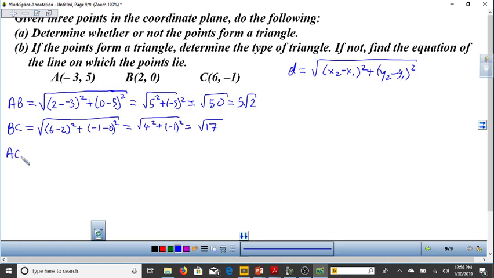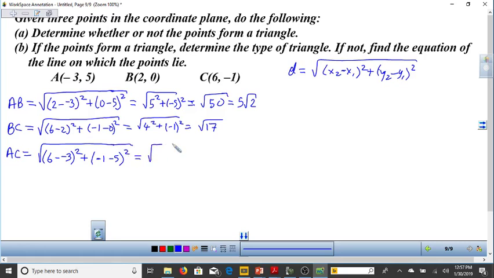And then we talk about AC. Let's take a look at AC. AC will do C as a second point, so I'll do (6 minus negative 3) squared plus (negative 1 minus 5) squared.